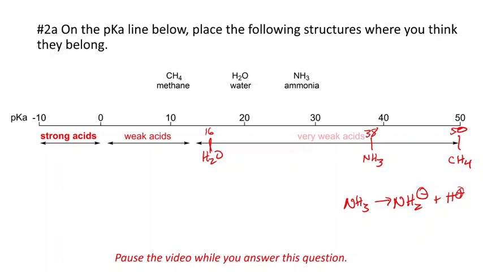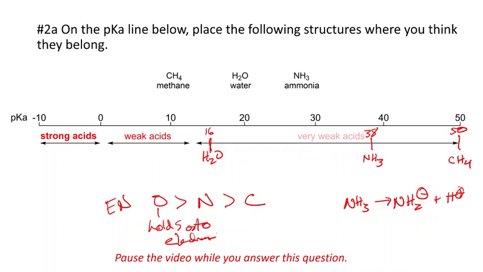Okay, if you said that oxygen is more electronegative than nitrogen, and nitrogen's electronegativity is greater than carbon, and so oxygen holds on to its electrons more tightly than carbon, you're on the right track.